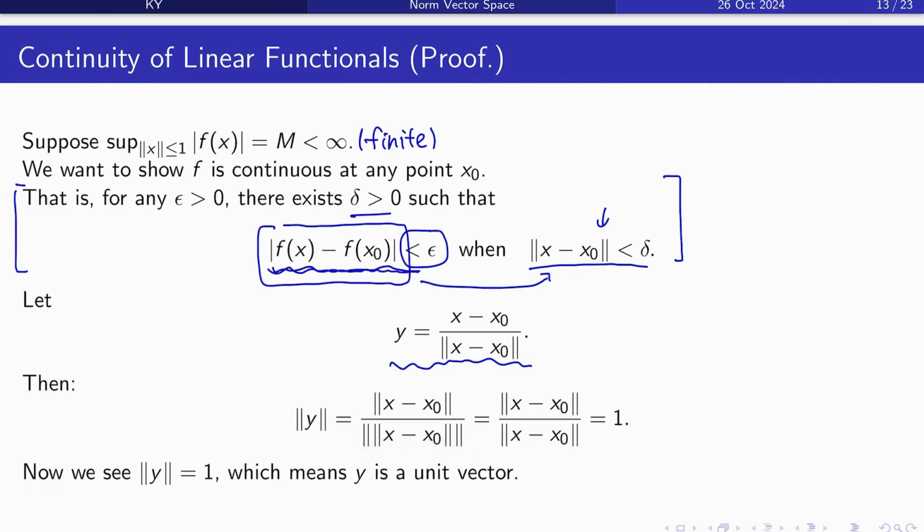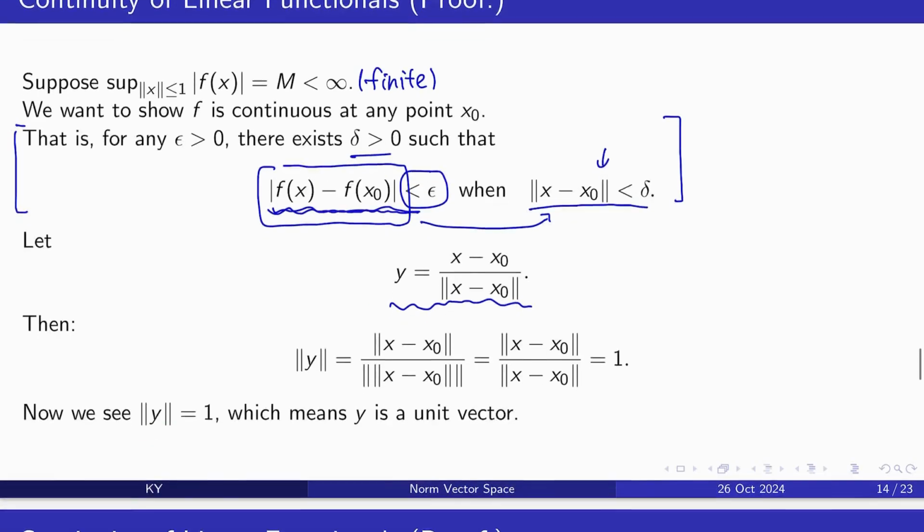Taking a double norm is basically taking the norm once, it's the same idea. So we can simplify this and get that the norm of y is equal to 1, which means that y has a unit length of 1.